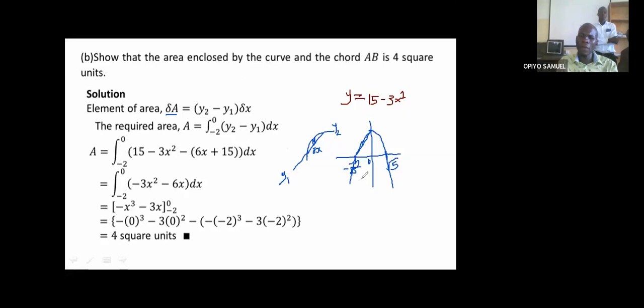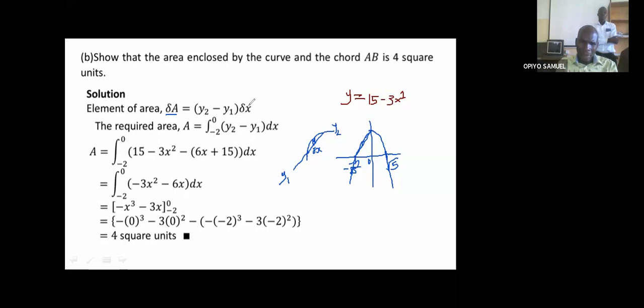Those are the values of x, -2 and the origin. That's where they are meeting. So for that case, we now need to integrate from -2 to 0 of the element of the area.